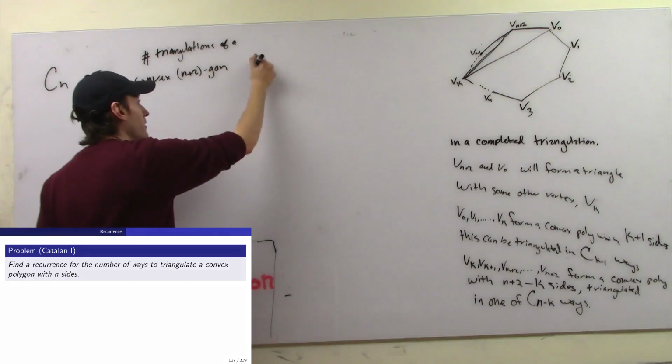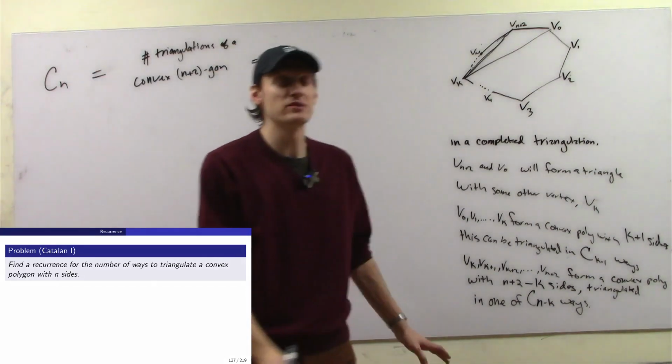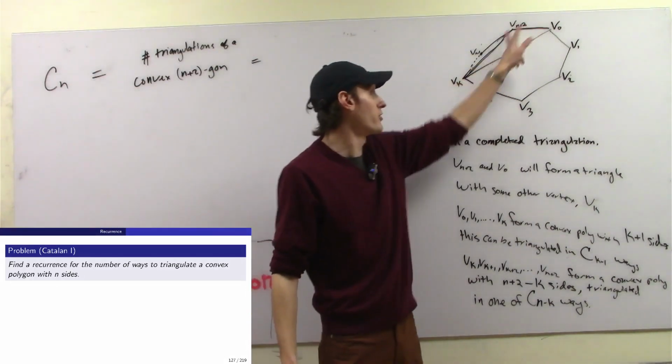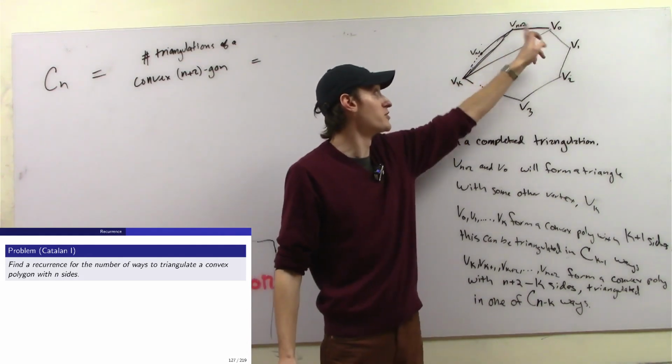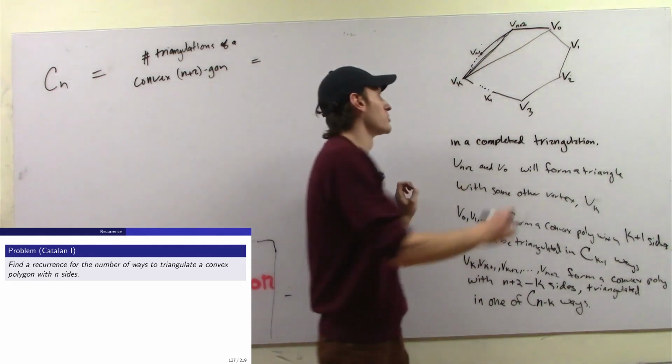And on the other side, I'm going to split it up based off cases, based off of the partner in a triangle with V0 and V sub n plus 2. So that can be anything.